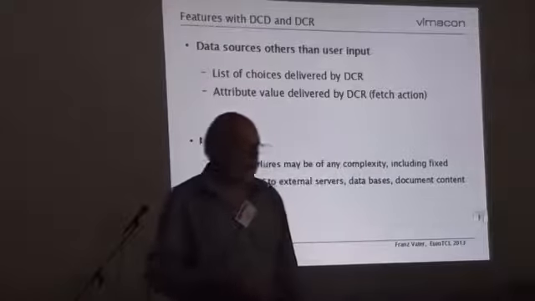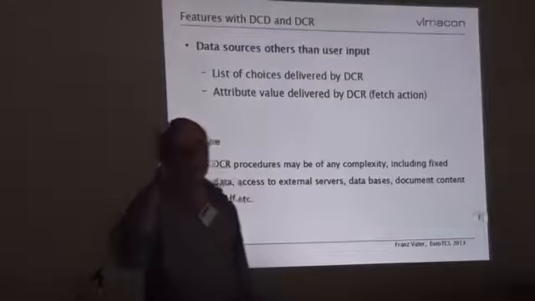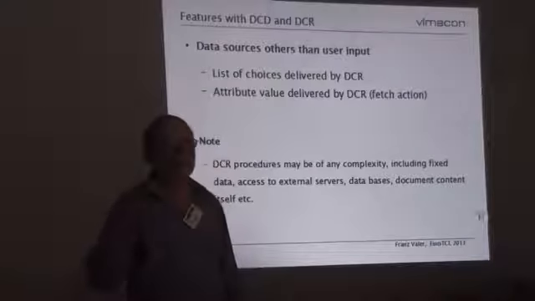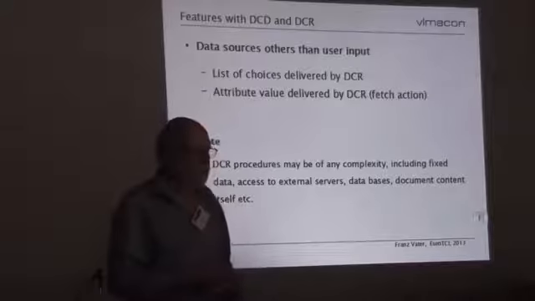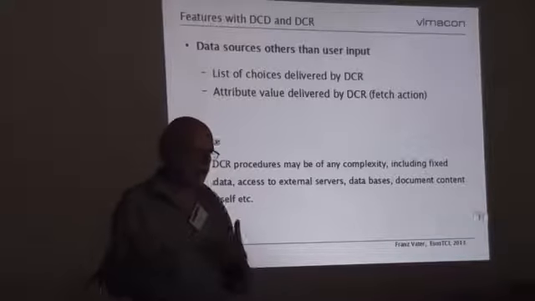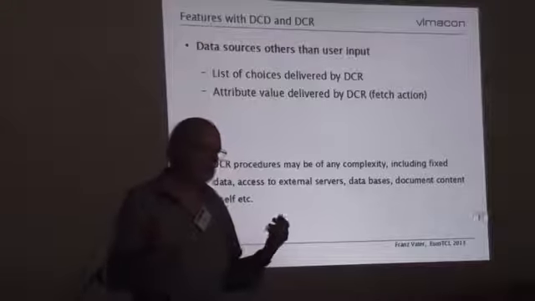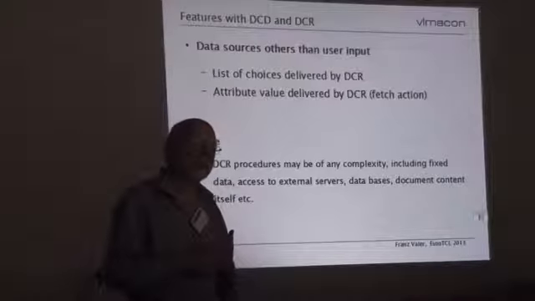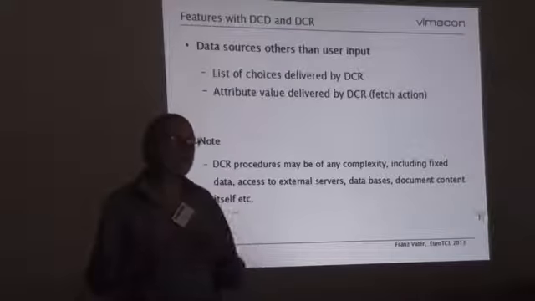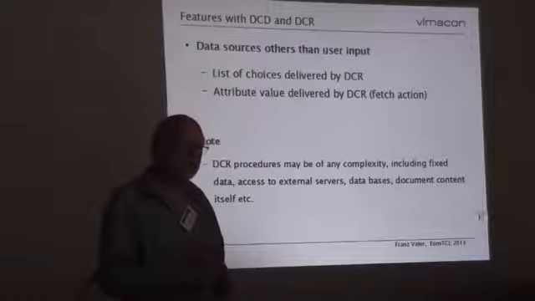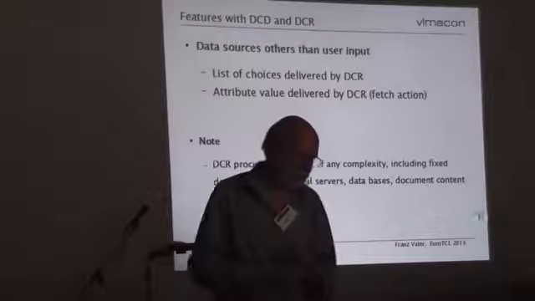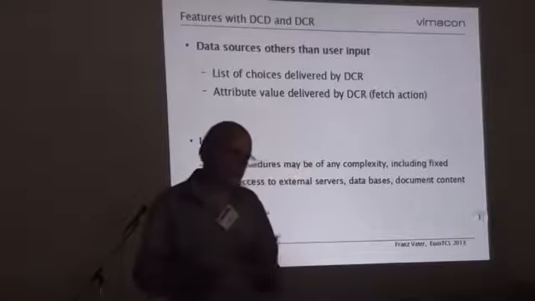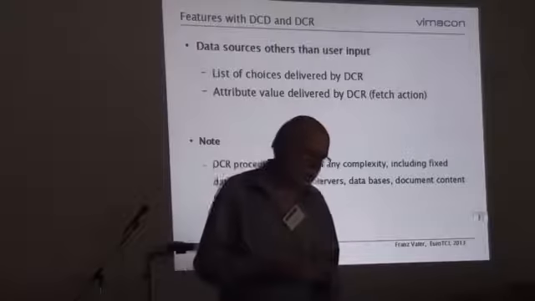The data sources for the attribute fields: at the moment, the user must enter them, but with the DCR we can now offer the user a list of choices he can select from for every attribute. It means we can predefine valid content of every attribute, and the user just has to choose one. And we have another thing, the fetch action.